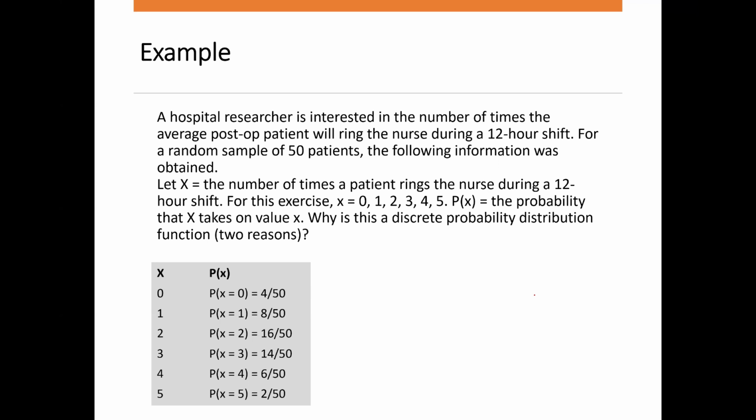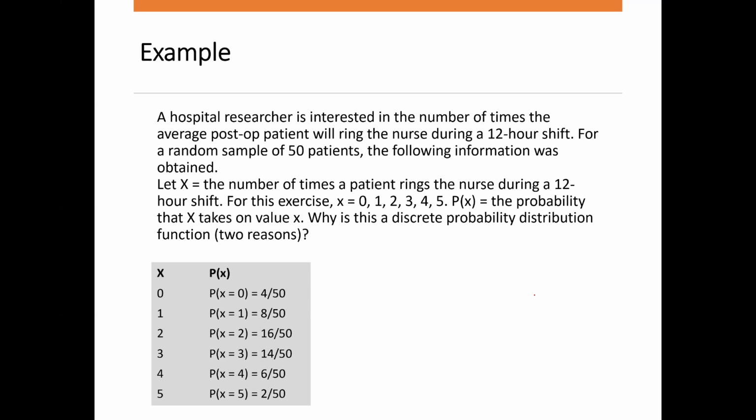So we have in the first column of our table the values that our discrete random variable can take on. And in the second column, we have the probability. And that is the frequency of that value divided by the total surveyed.